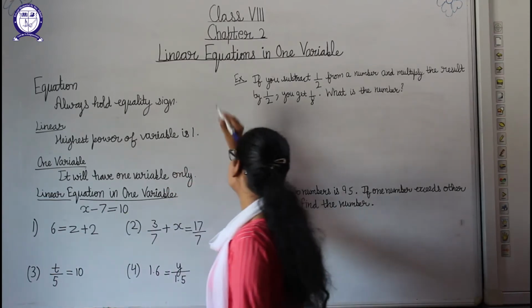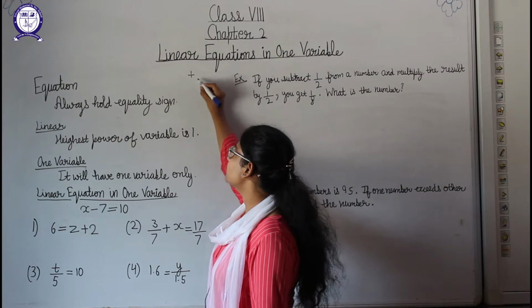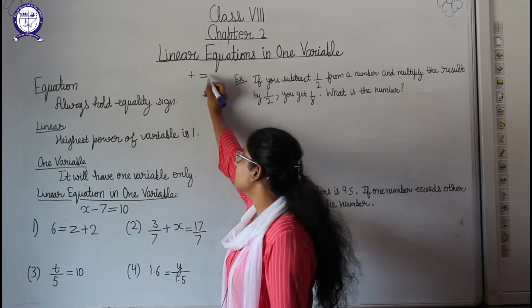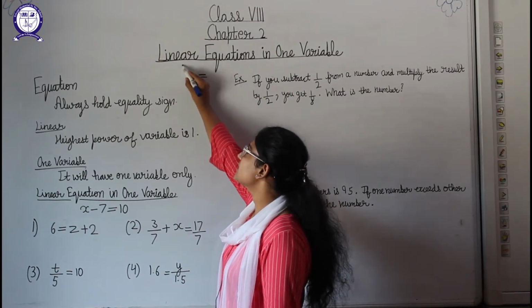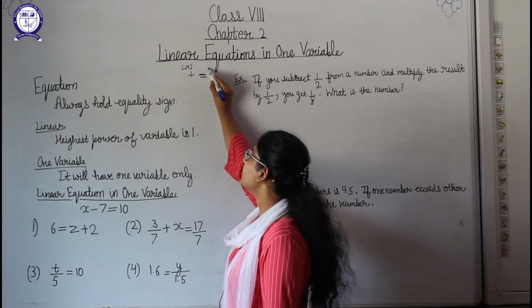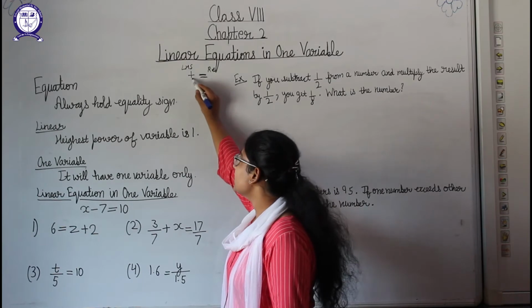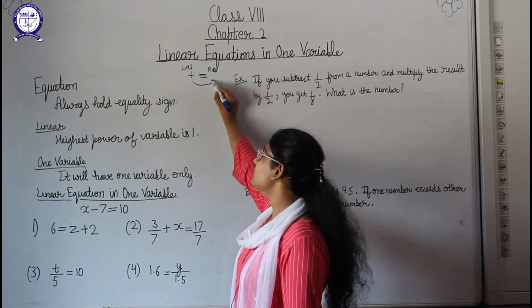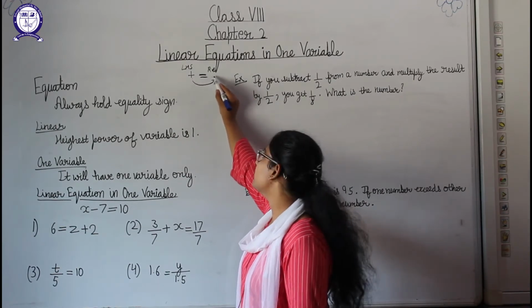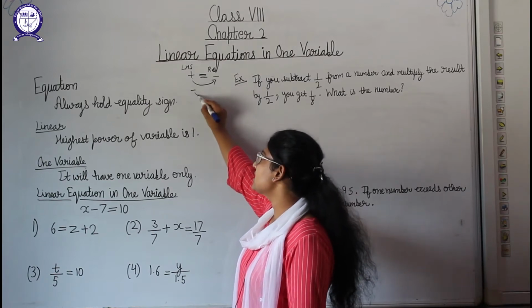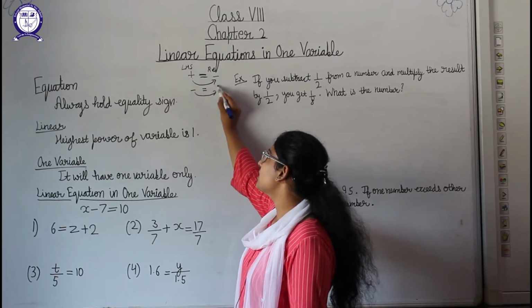Students, you must know some of the rules. If there is an equals to sign, then this is the LHS and this is the RHS. So when on the left hand side there is a positive sign, and when we take it to the right hand side, it will become negative. If there is a negative sign, then it will become positive.